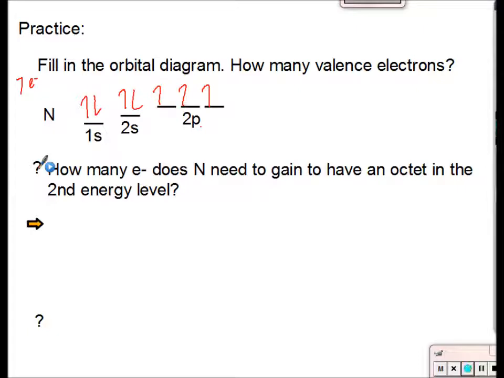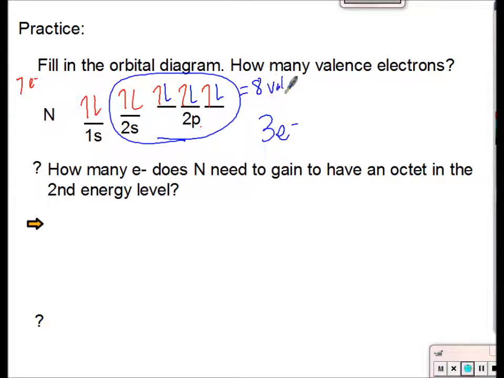Remember, octet meaning 8. I'm trying to fill my outer shell. If I add 3 electrons, this is my outer shell. This equals 8 valence electrons. Or doing it another way, there were 1, 2, 3, 4, 5 valence electrons already. I added 1, 2, 3 electrons to it.